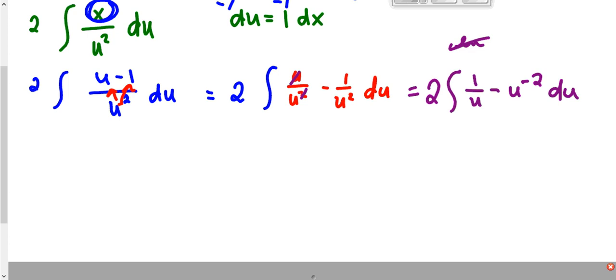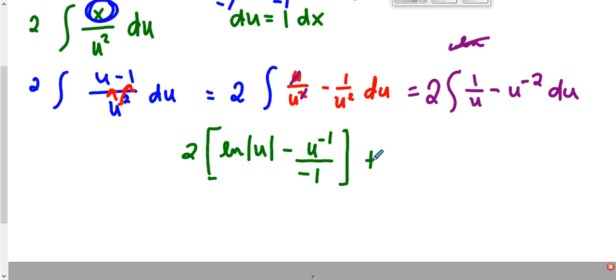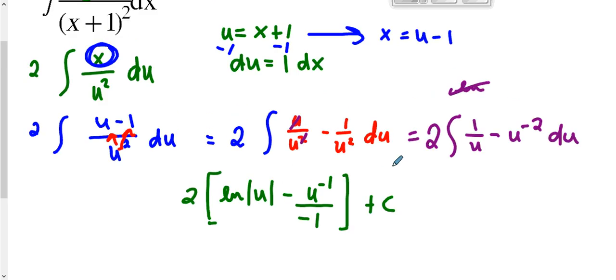So finally, when we get to a place we can integrate this, it'll be 2 times 1 over u will be the ln of the absolute value of u minus u to the negative 1 divided by negative 1 plus c. A couple things. We're going to make sure that we answer with x's because that was our original problem.